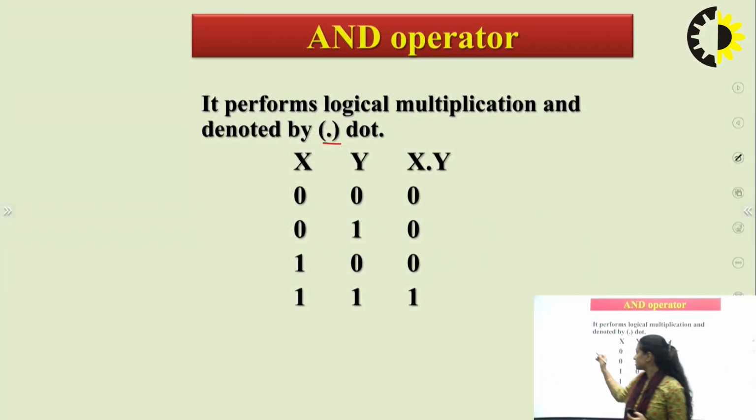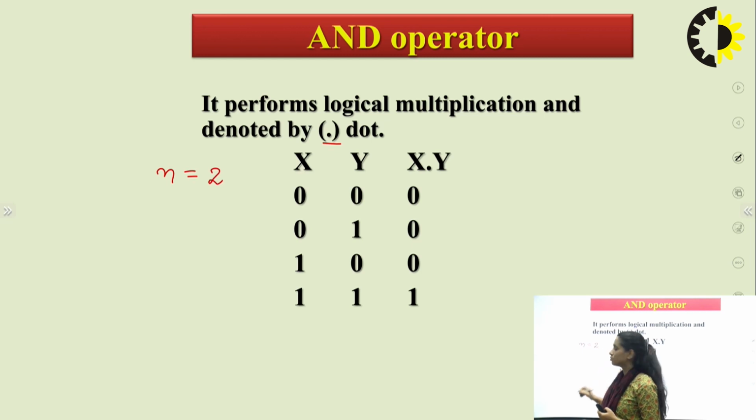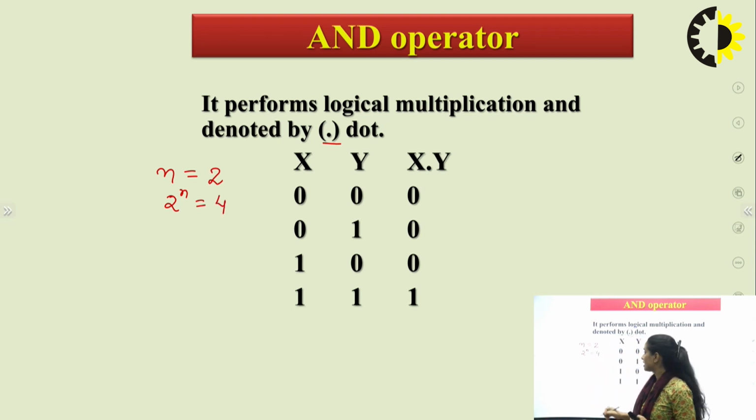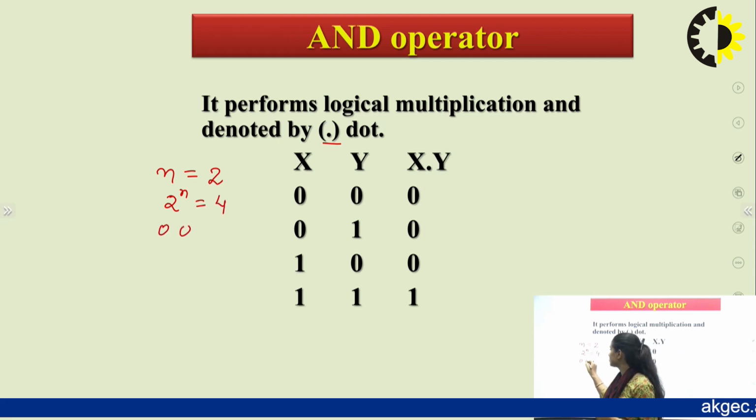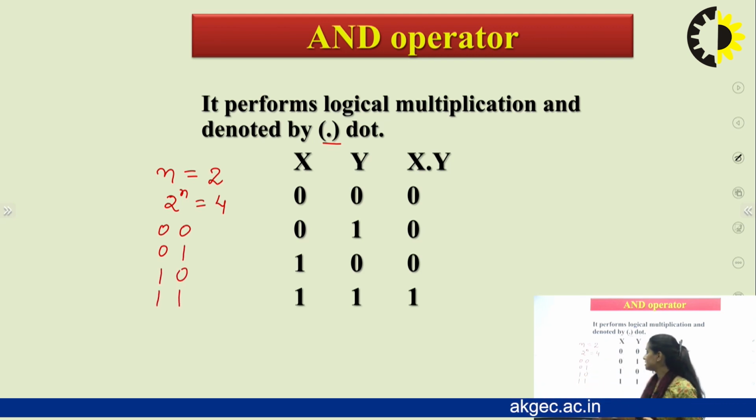How do we go about it? I know the number of binary bits is 2, so the number of possible outcomes will be 2 to the power n, which comes here to be 4. And the possibilities are 0 0, 0 1, 1 0 and 1 1. So these are the possible inputs that I can provide using a 2-bit binary input.